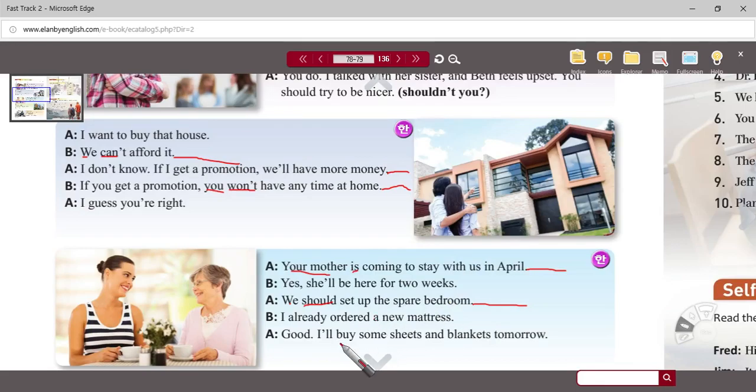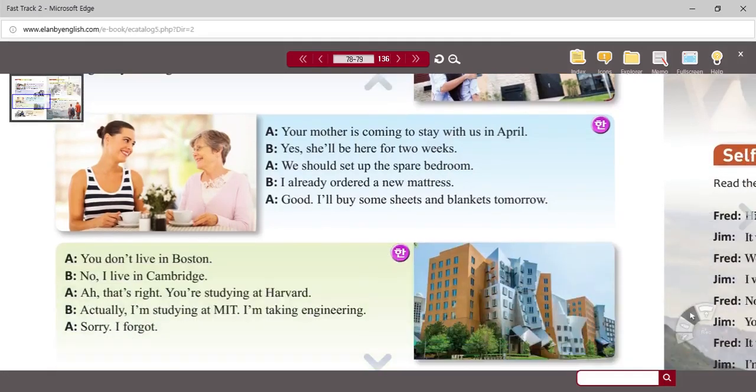All right, so the rest of them are pretty much facts or something that they will do in the future, which is a bit more difficult for using a tag. All right, to the bottom half of the page.